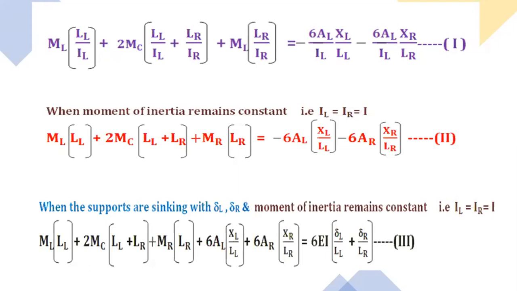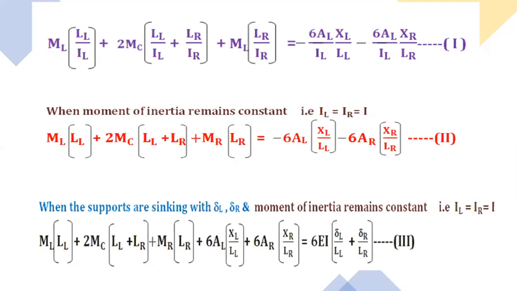So all of you take three equations. Equation one, the basic equation. If the given problem has different moments of inertia, then we will apply the first equation. By observing the given problem, if it has constant moment of inertia, we will apply the second equation.